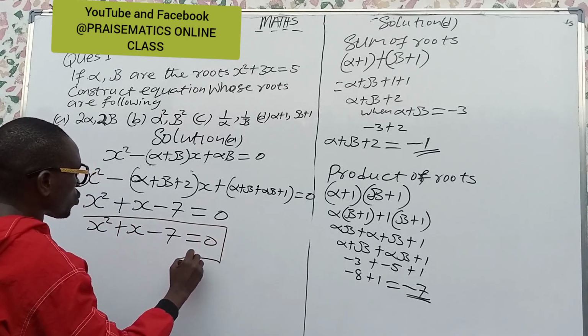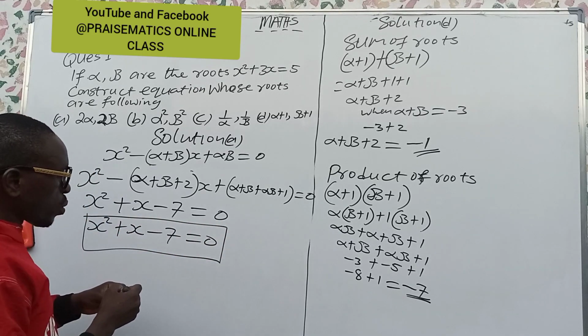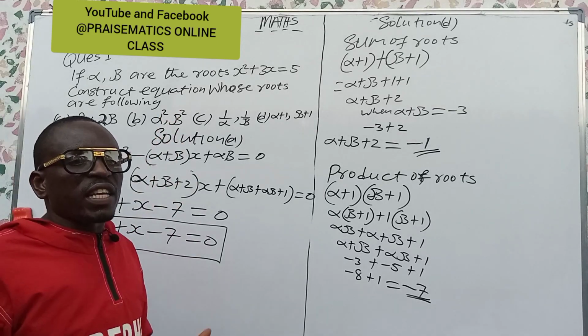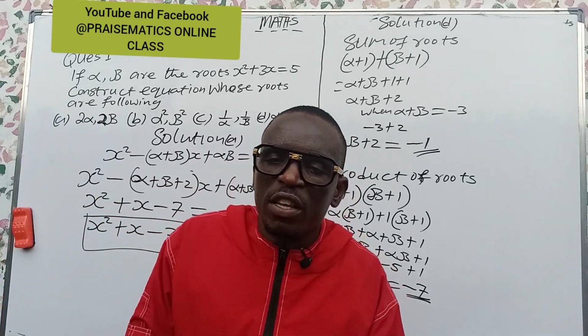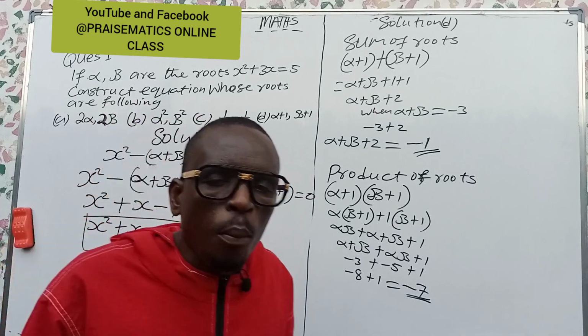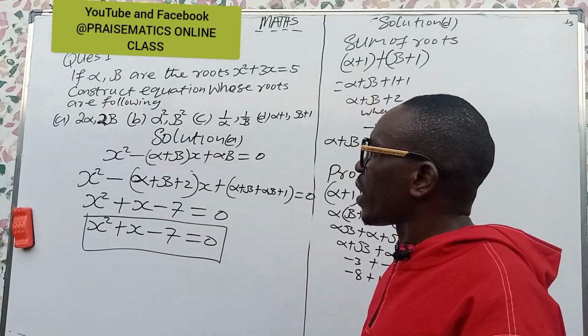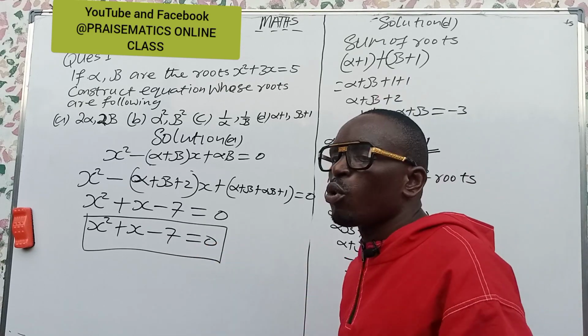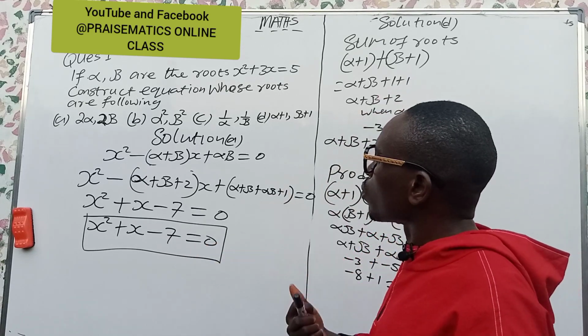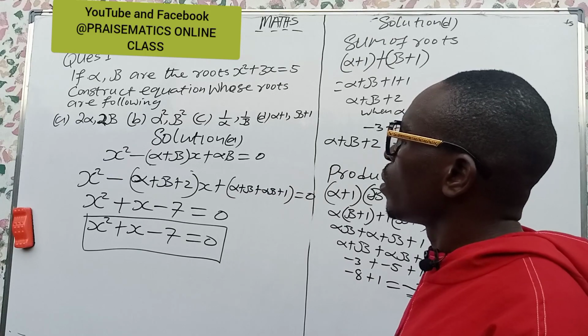That is the solution to this equation. So whenever they give you a given root and ask you to form another quadratic equation, you follow it one by one after the other, then you get your answer. That is how to solve this kind of question.